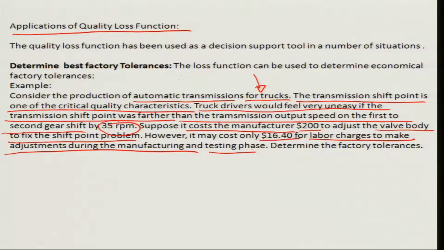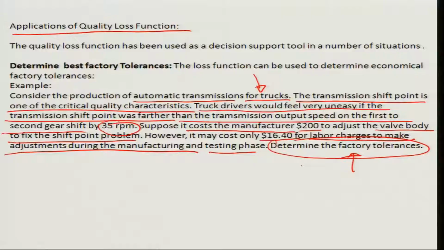So, obviously, we will have to determine the factory tolerance, which is going to be set up in a manner so that this plus minus 35 RPM is never exceeded and the truckers always feel easy because of that.